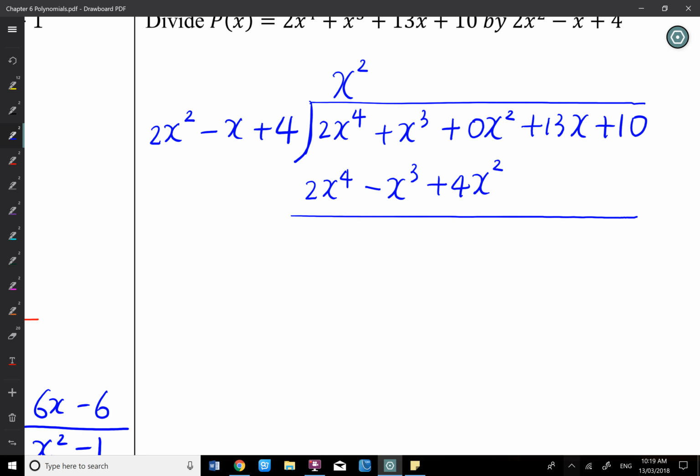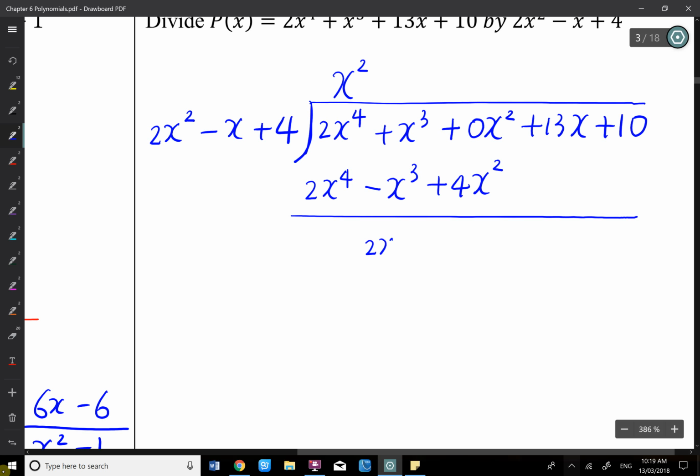What's the second column? How many x cubed? 2x cubed. And how many x squared? Minus 4x squared. That's right. And then get the 13x down.